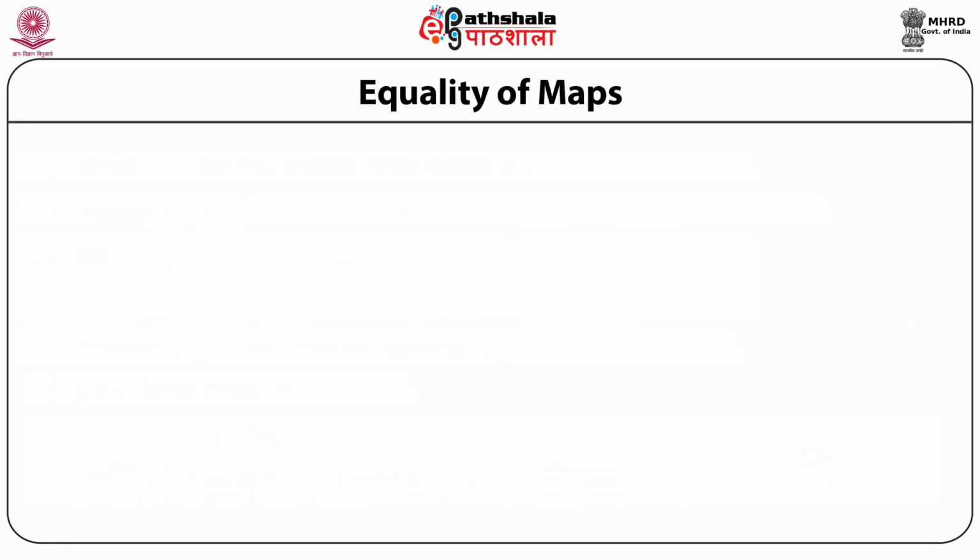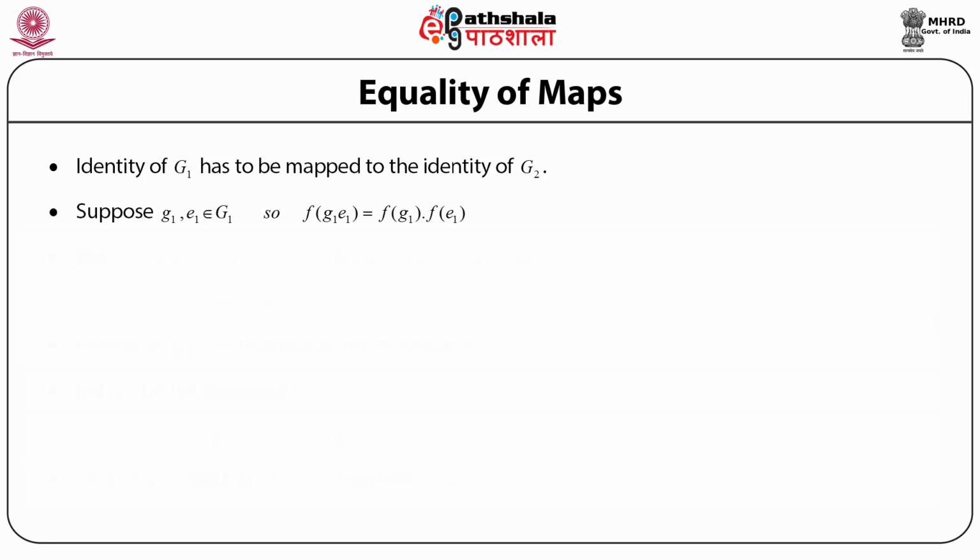We will now prove certain assertions. Number 1. The identity of G1 has to be mapped to the identity of G2. Suppose g1, e1 belongs to the group G1, so that the map of g1 e1 is equal to F of g1 into F of e1. That is, the image of g1 e1 is the image of g1 multiplied by the image of e1.